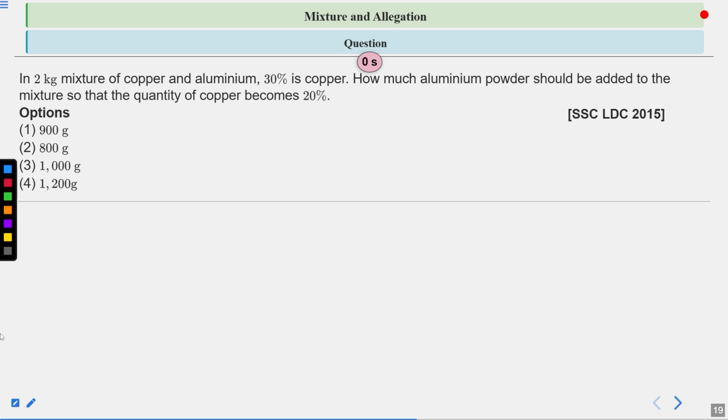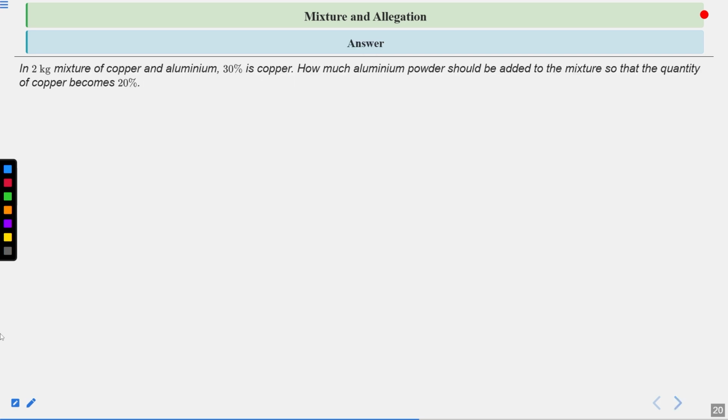Now time's up. Let's see the solution of this question. So the question says that in a 2 kg mixture of copper and aluminium, 30% is copper. First we calculate it in grams because 1 kg equals 1000 grams. So we calculate 2000 gram multiplied by 30 upon 100. So we get the quantity of the copper, and the rest will be aluminium.